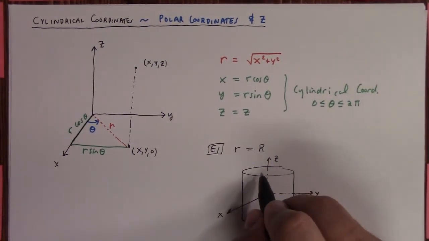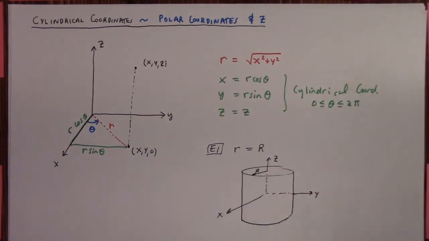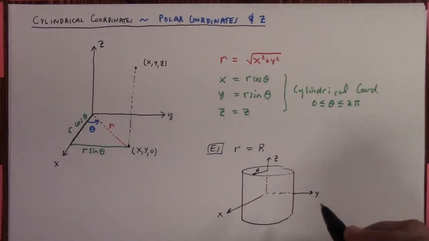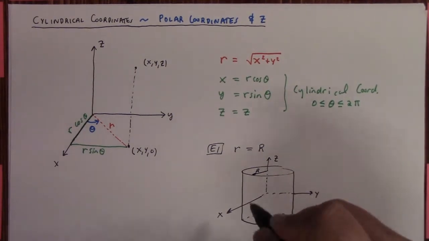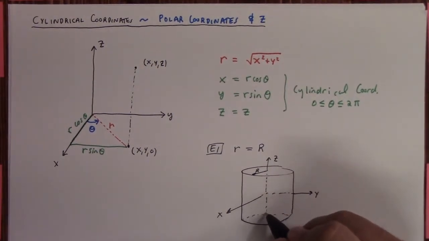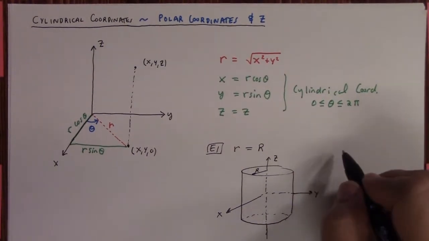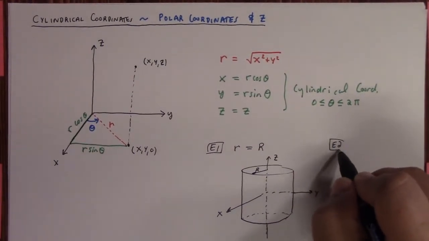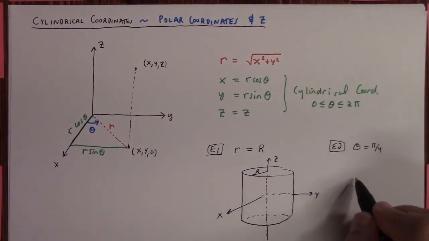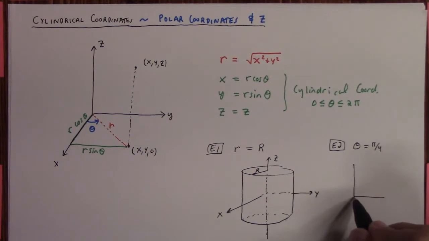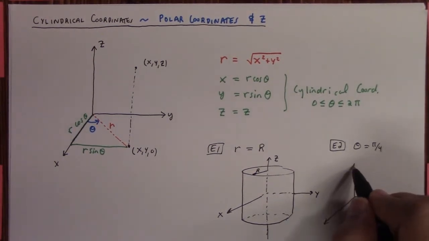And radius r, you know? So for one thing, r equals r is a cylinder. This goes on and on. This is just a heuristic picture, but the cylinder keeps going and going and going, right? And then the other example I would mention briefly is if you put theta equal to pi over 4, now it's not just a ray, it's actually a half plane.